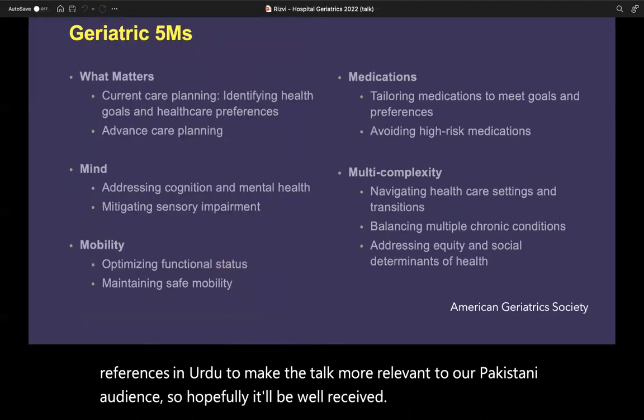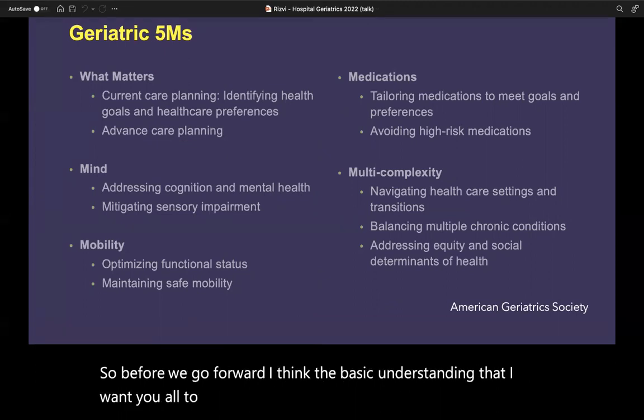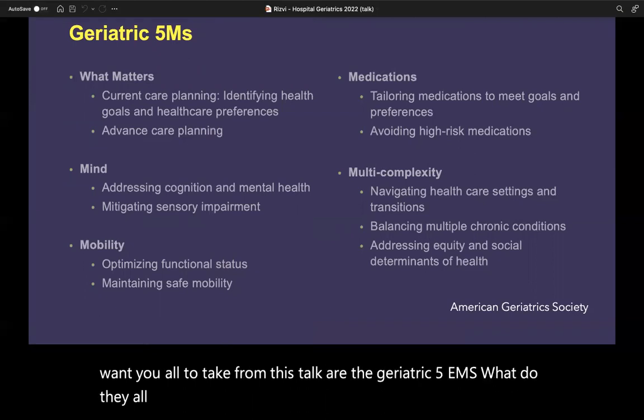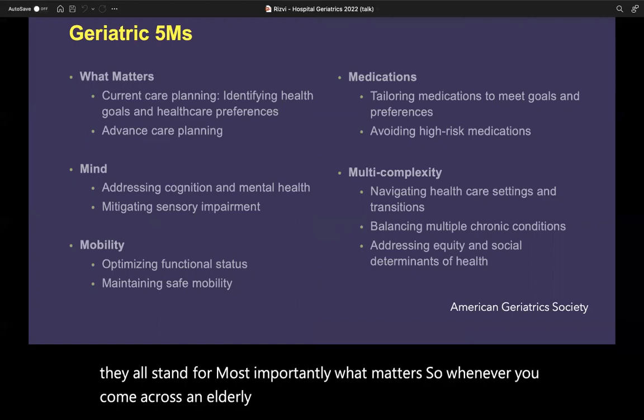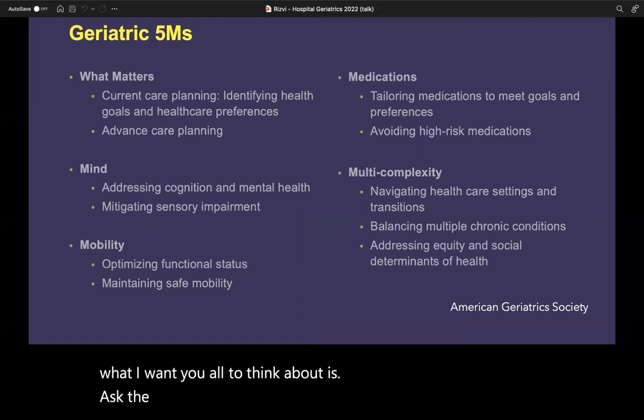So before we go forward, I think the basic understanding that I want you all to take from this talk are the geriatric 5 M's. What do they all stand for? Most importantly, what matters? So whenever you come across an elderly geriatric patient who is sick or frail, what I want you all to think about is to ask the patient about what their goals are and what really matters.